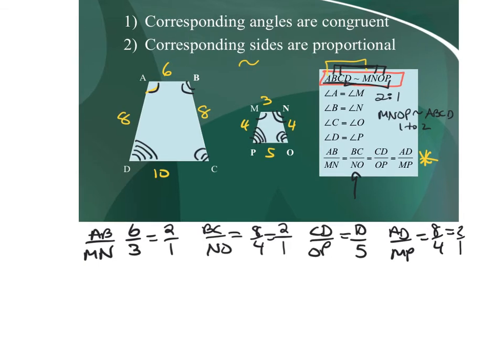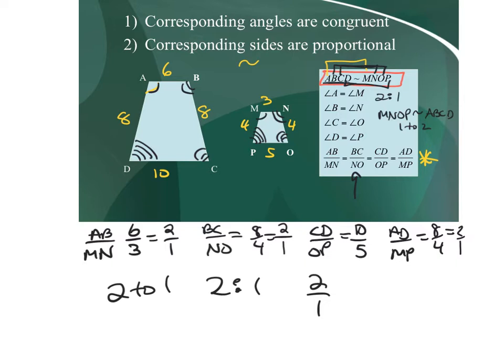You can write it with the word "to," you can write it with a colon, or you can write it as a fraction. Those are the three ways to write a ratio. If you're asked to give the statement of proportionality, you need to write it as fractions and show the sides that match, because what we're going to be doing here is solving proportions.